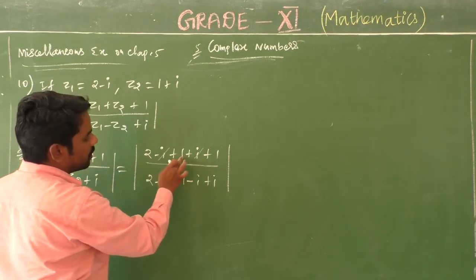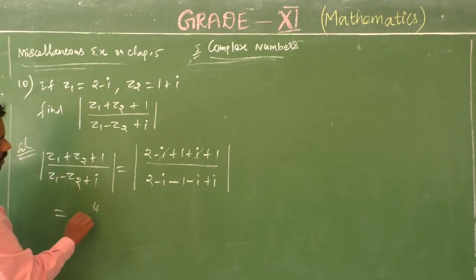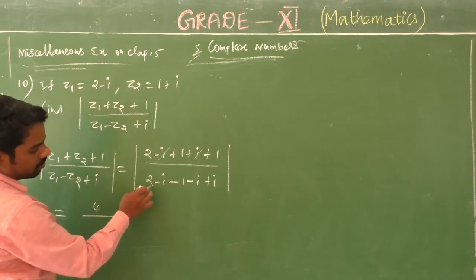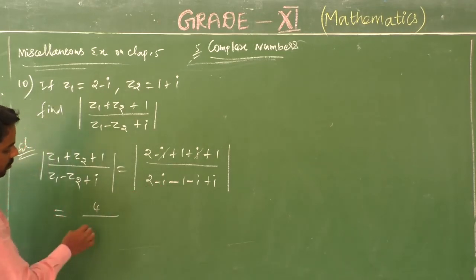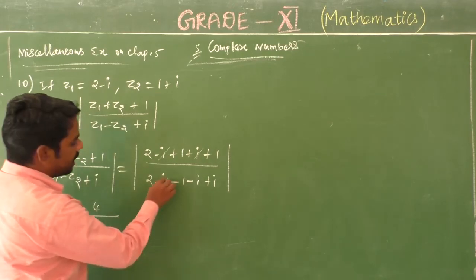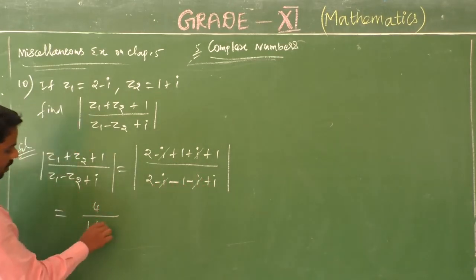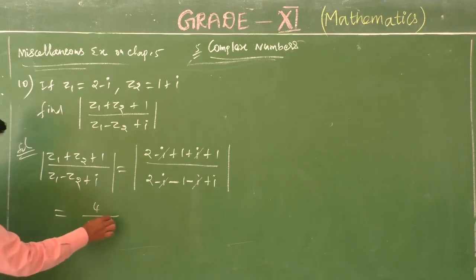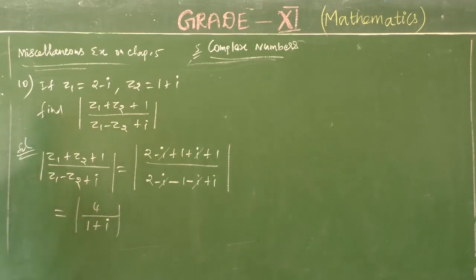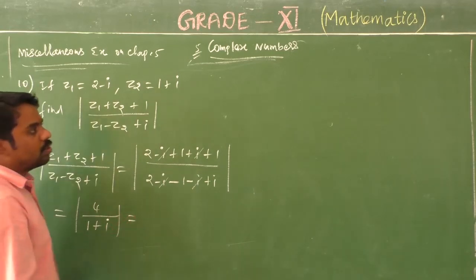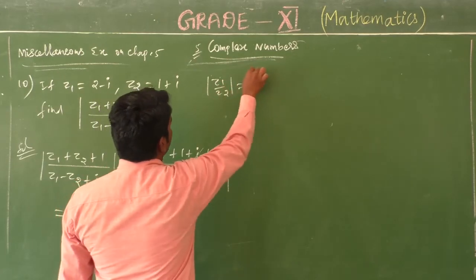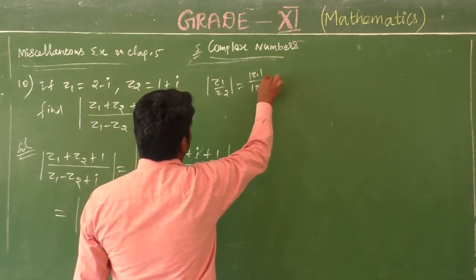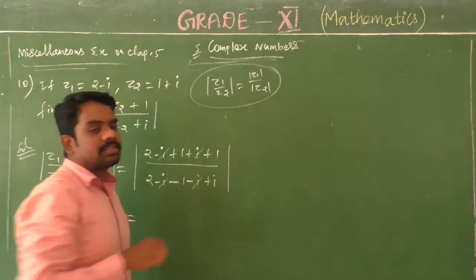So 2 plus 1 plus 1 is 4, divided by minus 1 plus 2, which is 1, and minus i plus i cancel, remaining plus i. So modulus of 4 divided by 1 plus i is equal to, modulus of Z1 by Z2 is written as modulus of Z1 by modulus of Z2.